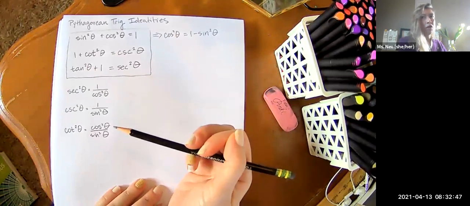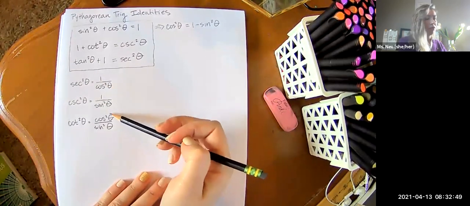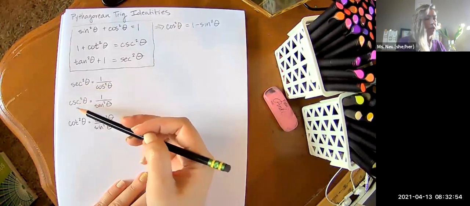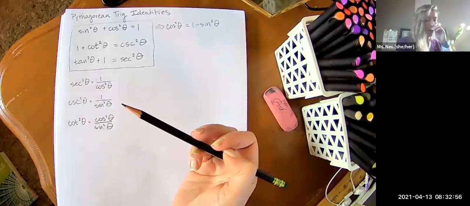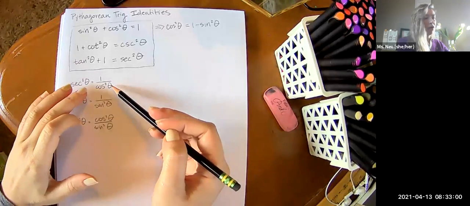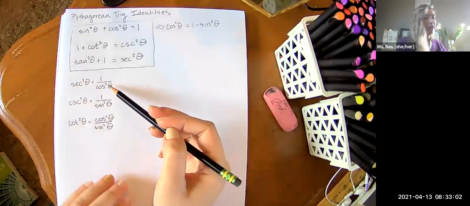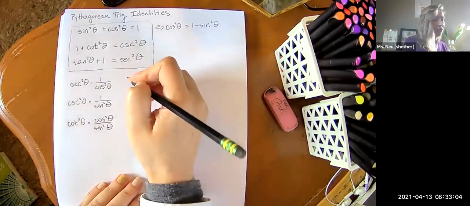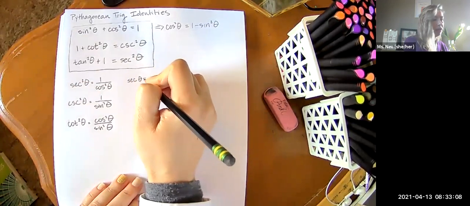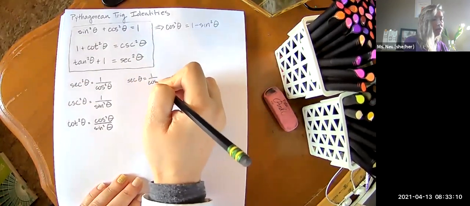Also, let's just go over really quick what secant squared theta, cosecant squared theta, and cotangent squared theta are. Secant squared theta is 1 over cosine squared theta. And these are also all true for the non-squared version of these. So secant of theta is 1 over cosine theta.